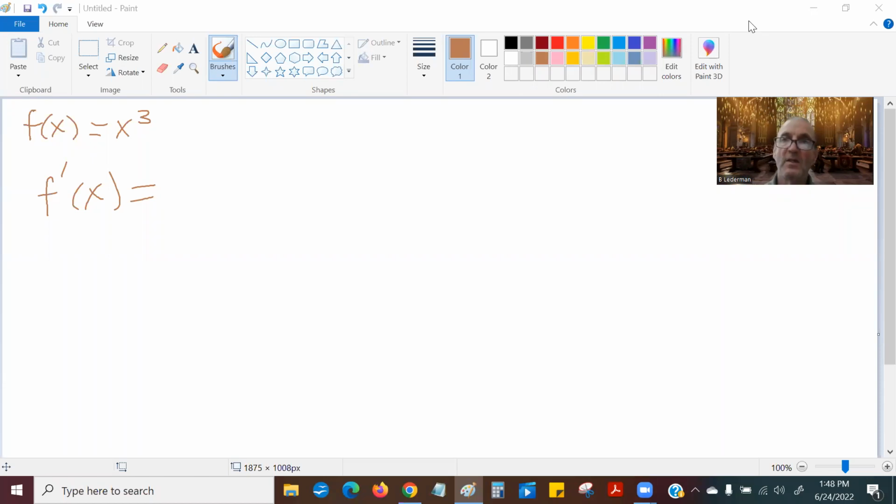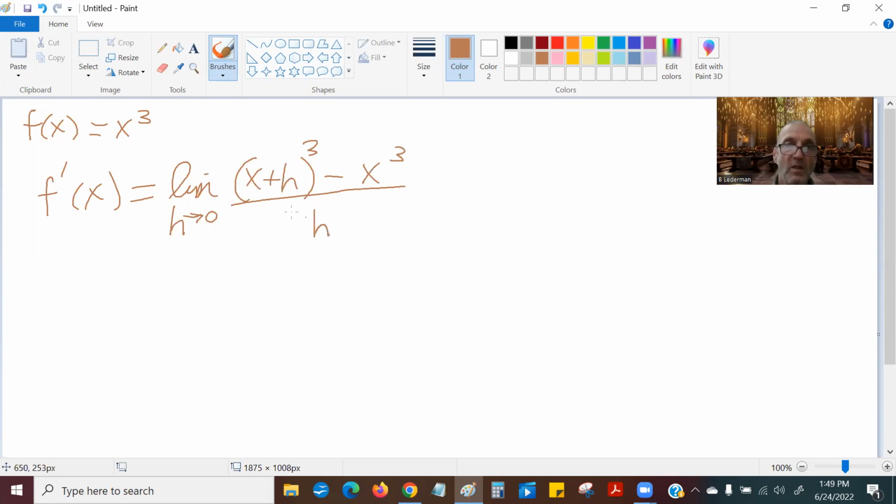Let's say we have the function f of x equals x cubed, x to the third power, and we want to find the derivative. We're going to say it's equal to the limit as h goes to 0 of x plus h to the third power minus x to the third power over h.